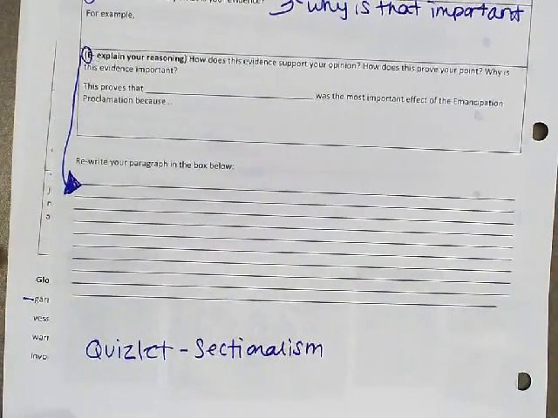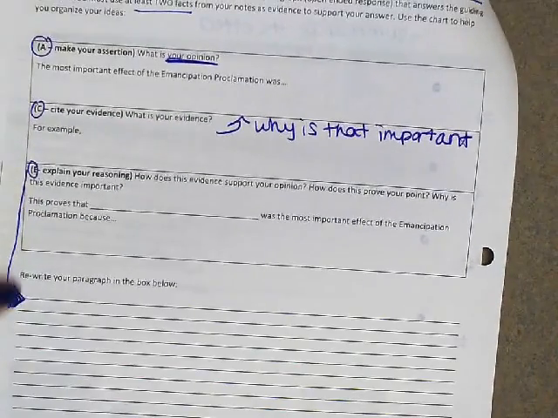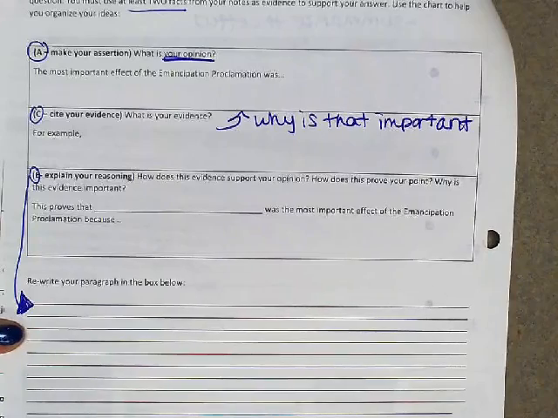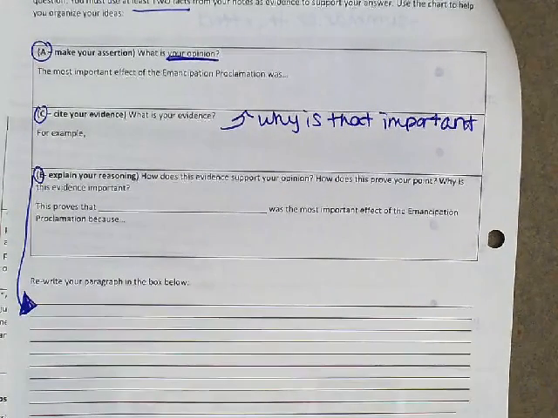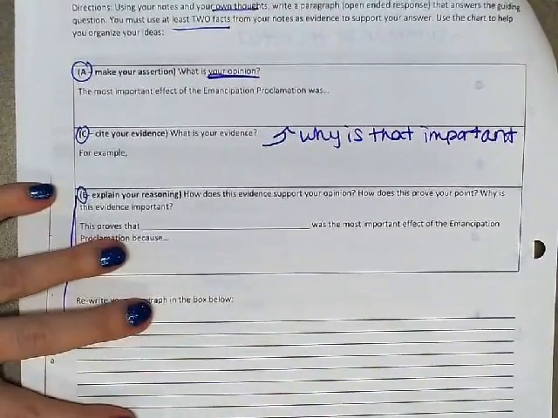But this should probably take you the whole class period because the video was kind of long. Make sure you have all this done, and I will have you read it to your neighbor before you leave. You can go ahead and pause the video so that you can complete your assignment.